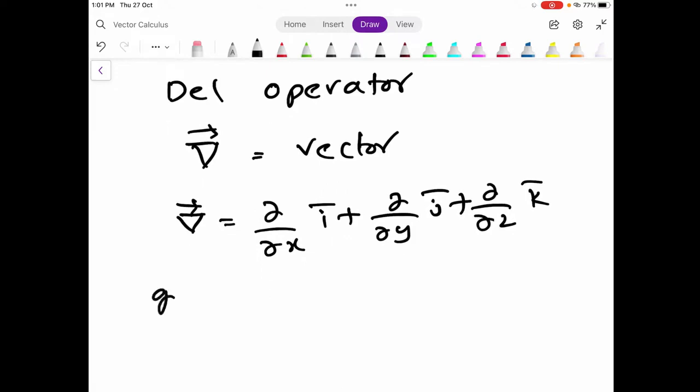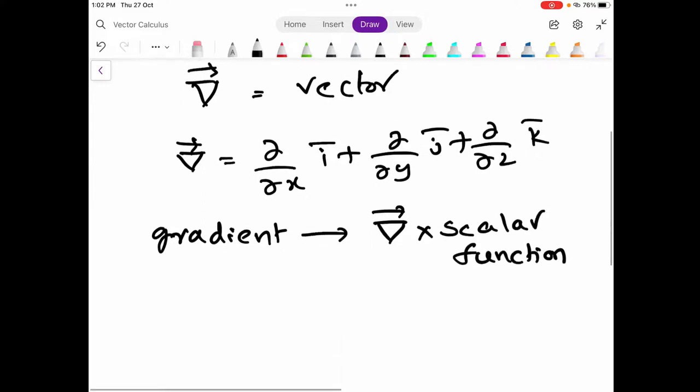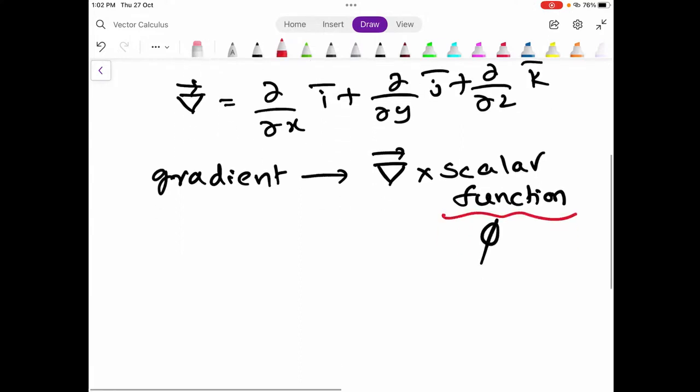So in gradient, what we will do is multiply the del operator with a scalar, meaning some scalar function, like phi.